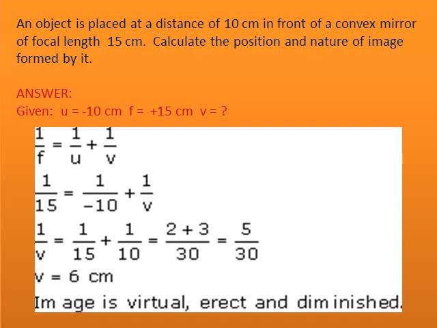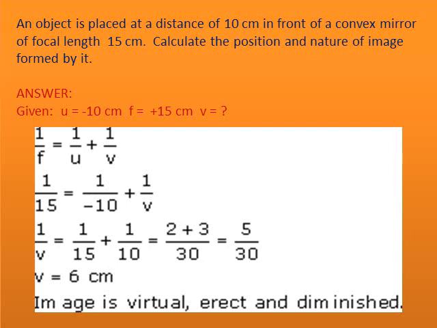While transposing one quantity from the left to the right of any equal to sign, you have to change the sign of it, the opposite sign of it. So 1 by V is equal to 1 by 15 plus 1 by 10. So when you simplify this using LCM, you will get 1 by V as 1 by 6.